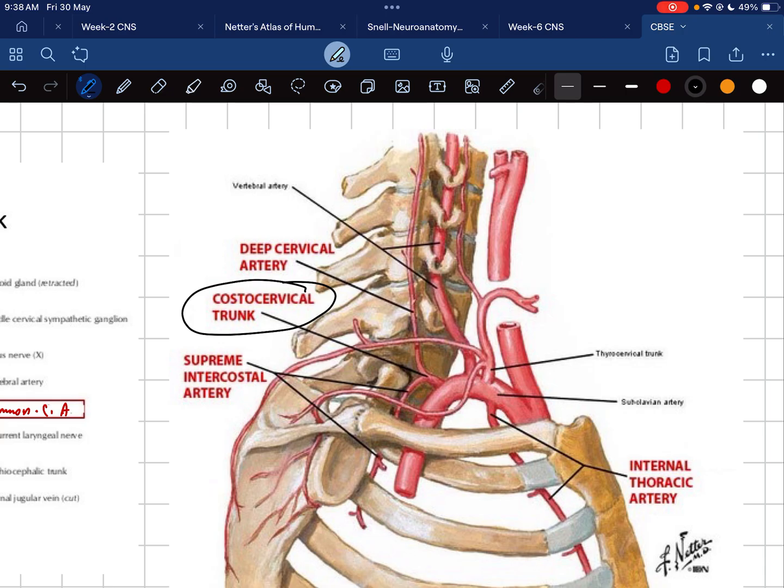The artery arches backward above the cupola of the pleura and reaches the neck of the first rib, where it terminates by dividing into the deep cervical artery and the superior (or highest) intercostal artery.